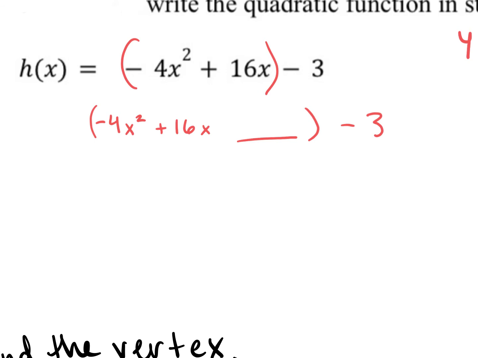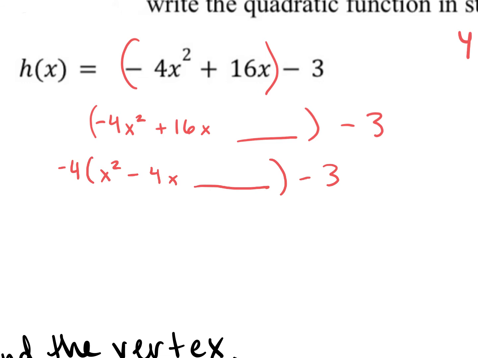Any numbers in common? I'm completing the square, yeah. So I can take out a -4 from my group here. So -4 times x squared minus 4x. I'm going to leave my space still to complete the square, -3.